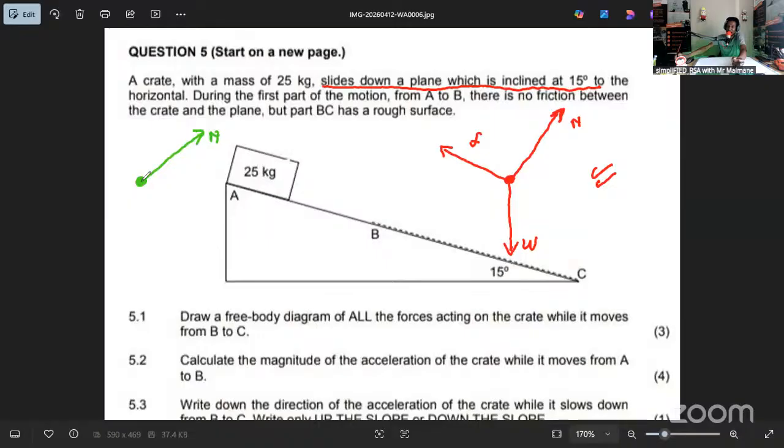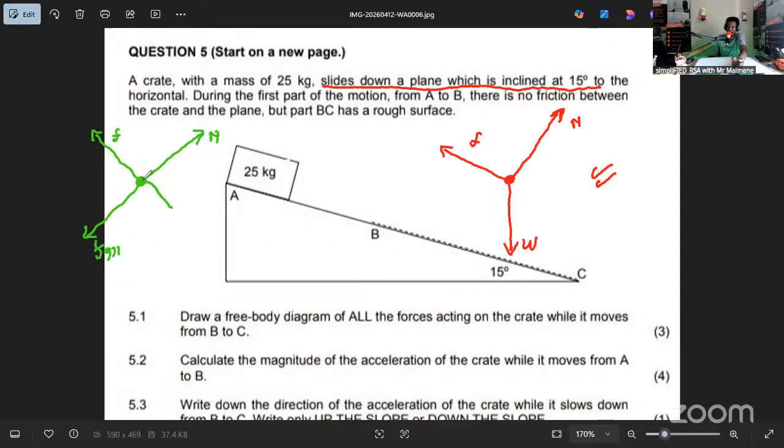And you say, this is my friction. And you say, this is FG parallel.